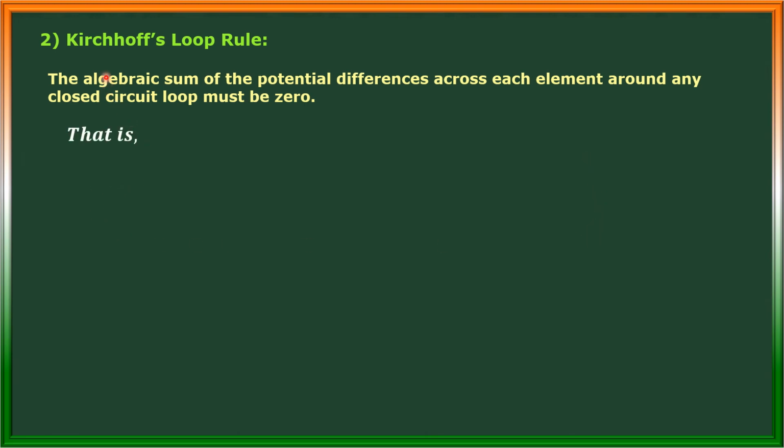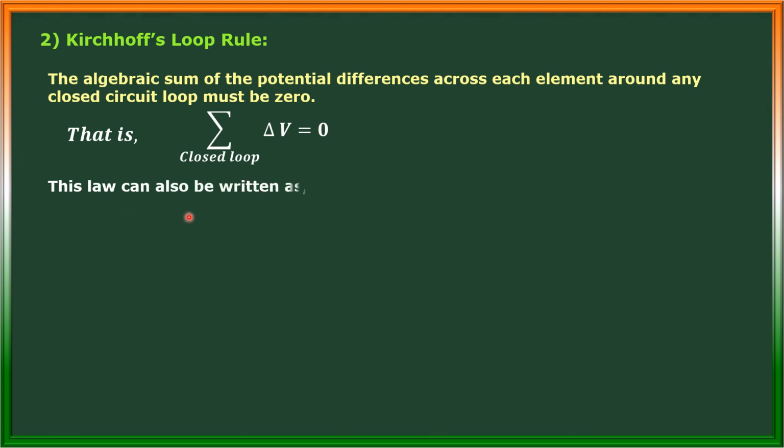This loop rule can be stated mathematically as summation of delta V in a closed loop is equal to 0. Here delta V denotes the potential difference across any element, and this is the summation symbol. Okay.